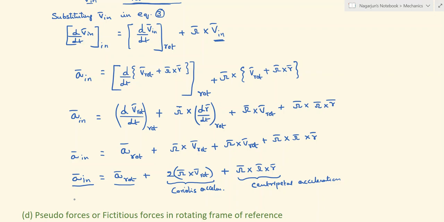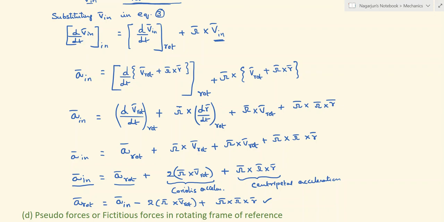So now the acceleration with respect to rotating frame is expressed as acceleration with respect to inertial frame minus 2 omega bar cross v bar rotation plus omega bar cross omega bar cross r bar. So this is the expression for acceleration with respect to rotating frame of reference.